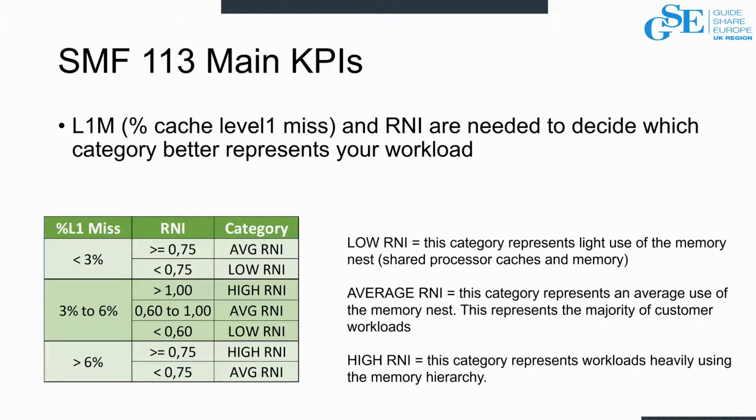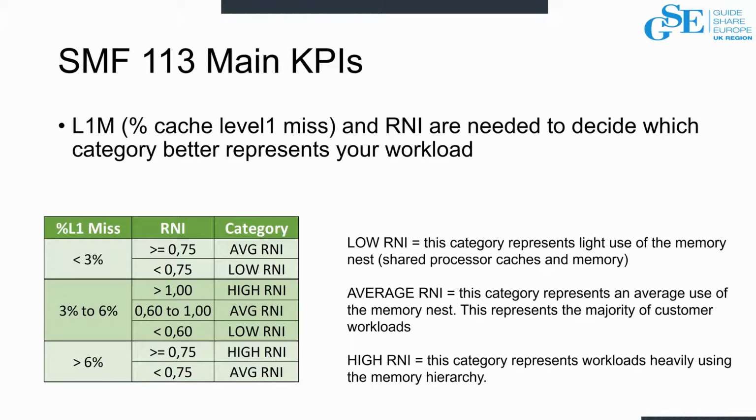So to understand the behavior of your workload or of your environment, you can use the level 1 miss, that's another KPI available in SMF 113, and the RNI. So you can understand the category of your workload in the environment. Here on the left-hand side, we have a table that is just a reference to categorize your workload.